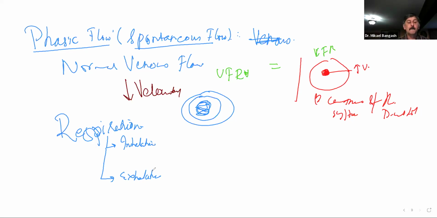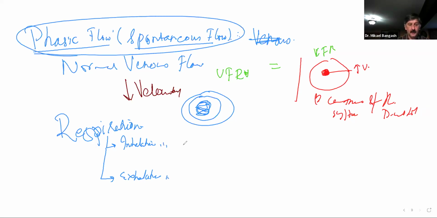Okay. Now, how these will affect or determine whether you have a greater flow or a lower flow, a greater velocity and a lower velocity.